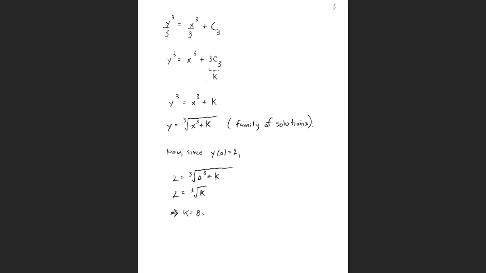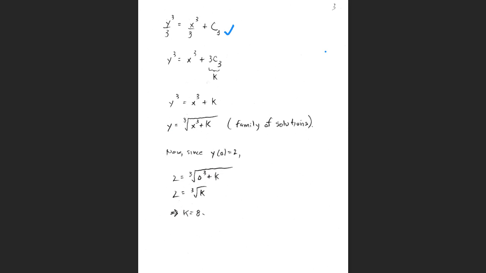So here we are. We have y cubed over 3 equals x cubed over 3 plus c3. That's what we have. And I want to get the y by itself.